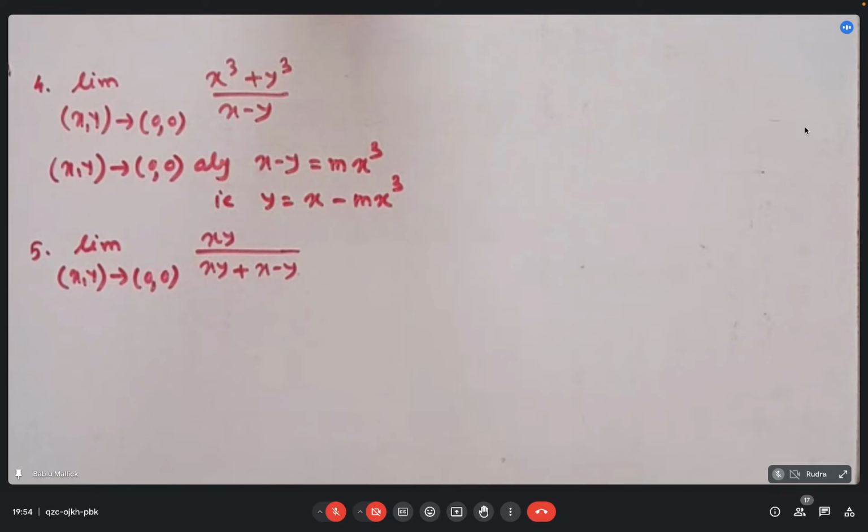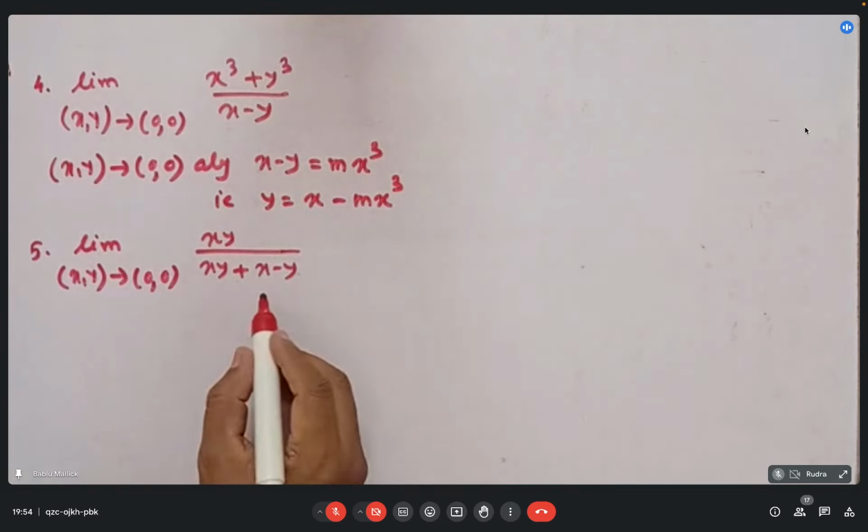But we can also choose exactly two paths, and for these two paths, if I show that the limits are different, then the limit does not exist. So here I shall choose exactly two paths.